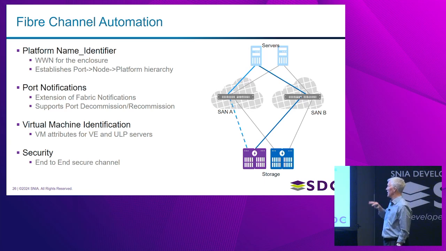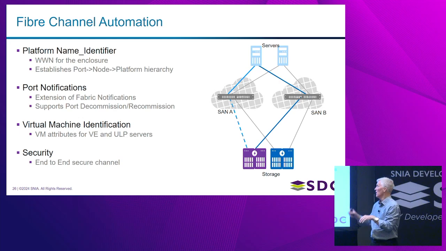Virtual machine identification is another component being worked on within the Fibre Channel community to help identify particular flows. Behind a single Fibre Channel port, now that you can do 128 gig worth of bandwidth, you can virtualize rather intensely and have a lot of applications using that single port. But when you start to have overuse or congestion issues competing for resources, it's hard to identify which VM or virtual entity behind that port is responsible.